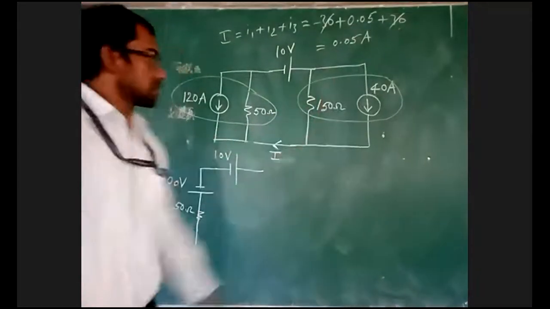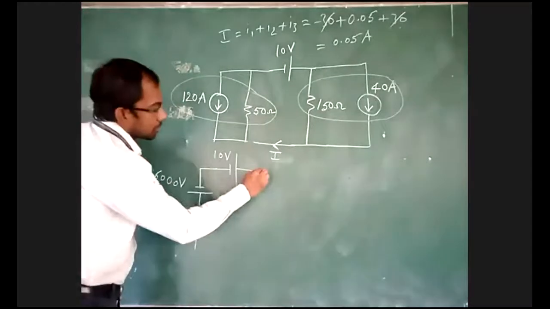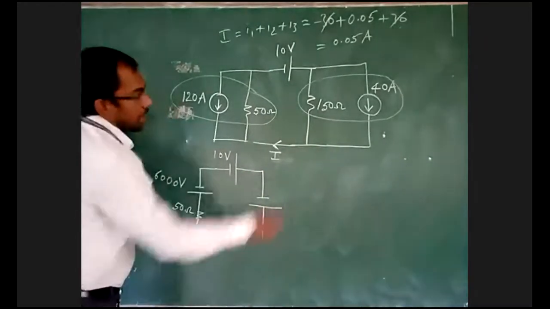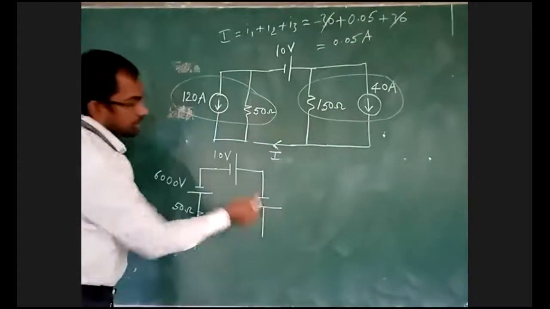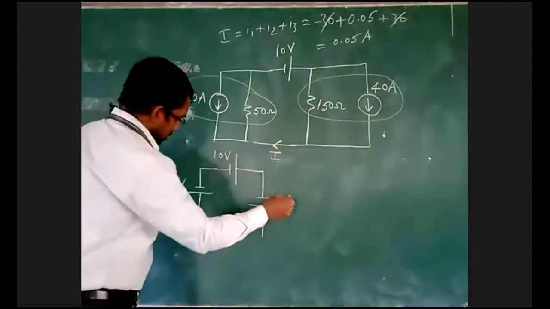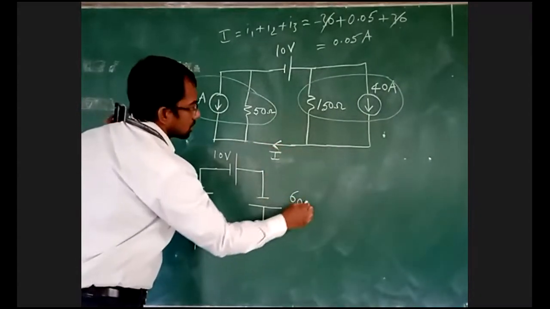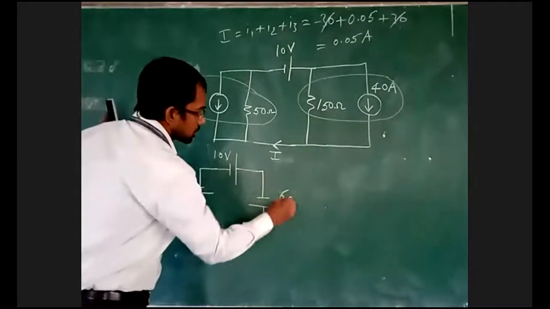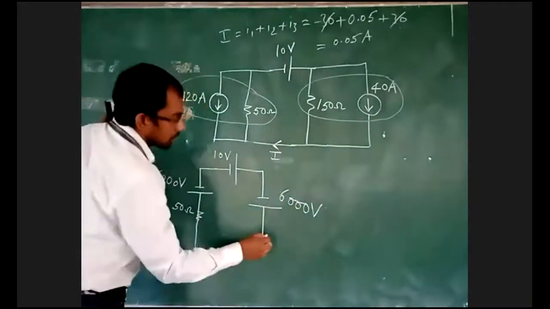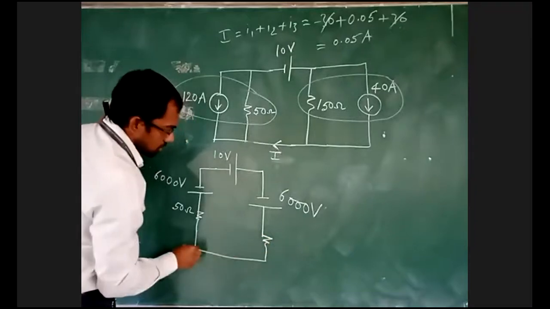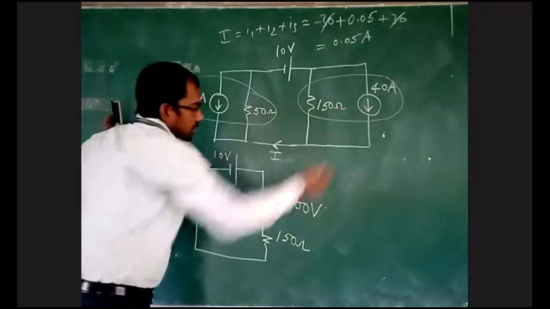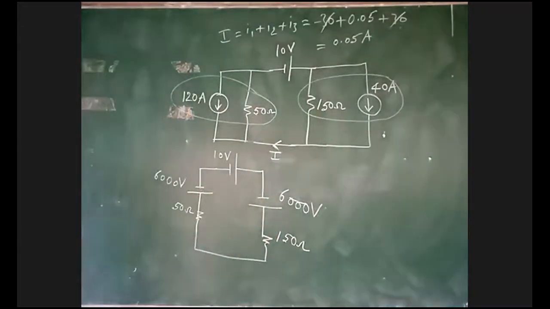Convert this into voltage source as well. The arrow is downward, minus to plus. The resistance here is 150.